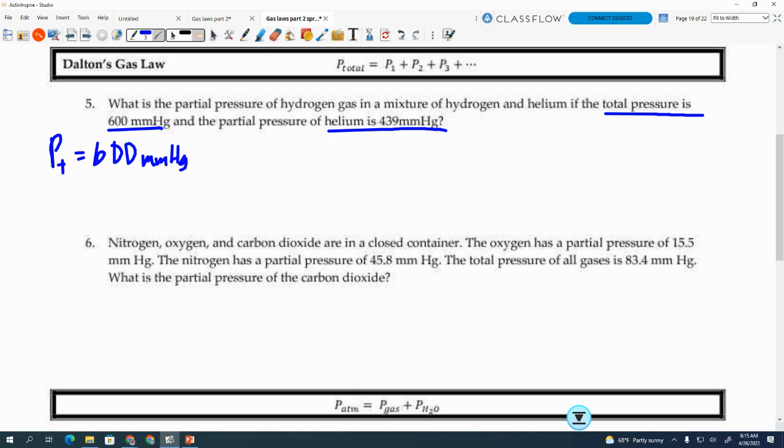All right. We have a pressure of helium that equals 439 millimeters mercury. And we want to know the pressure of hydrogen.